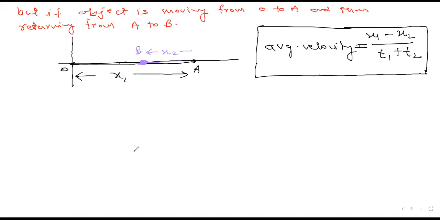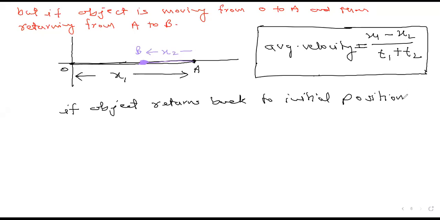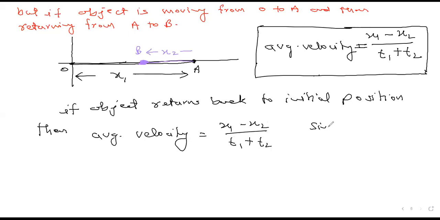Anyone having any doubt? If the object returns back to the initial position, then x1 will be equal to x2, right? Both become equal to each other. So average velocity will be x1 minus x2 upon t1 plus t2, since x1 equals x2, so average velocity will be 0.